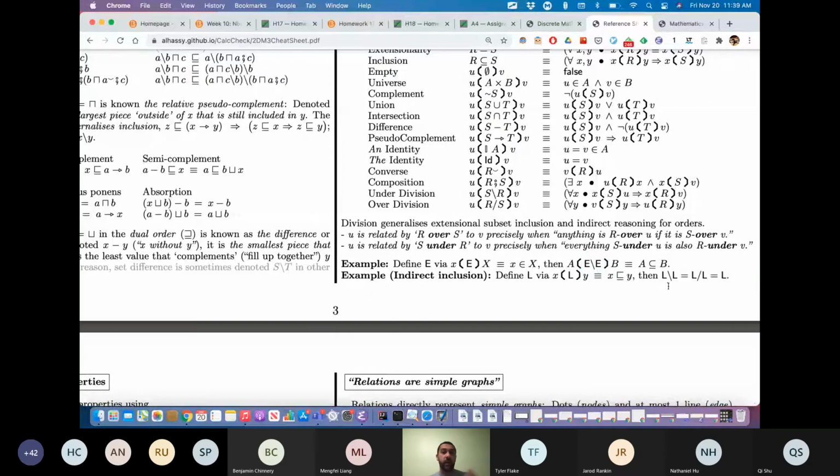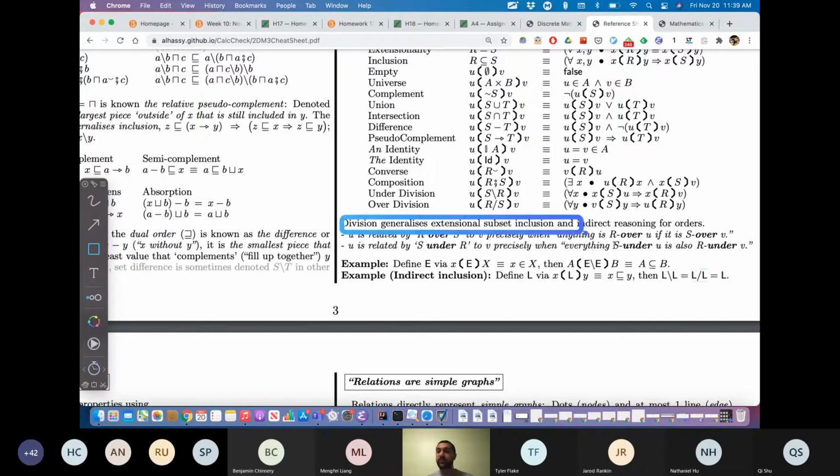A while back and throughout chapter 15, you've seen these indirect reasoning rules, which say, hey, X is included in Y precisely when everything above Y is also above X, or everything below X is also below Y. And that's just saying, hey, the order is itself. When you divide it by itself, it's the same thing. So indirect reasoning from below and indirect reasoning from above. And here's some ways to read these things if you are so inclined. Okay, good question, Iman.